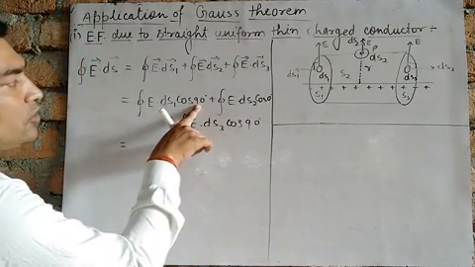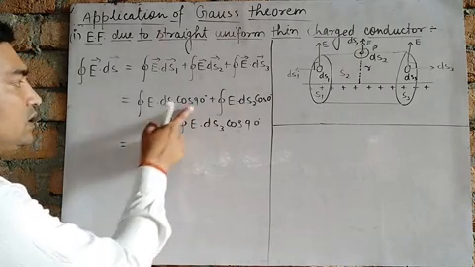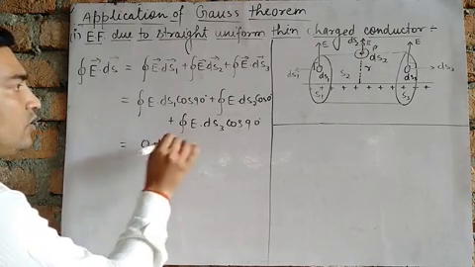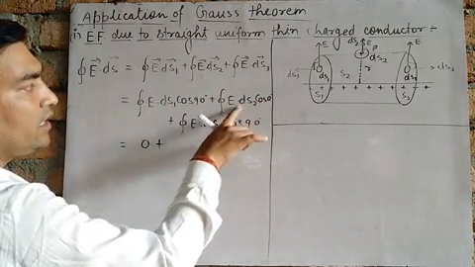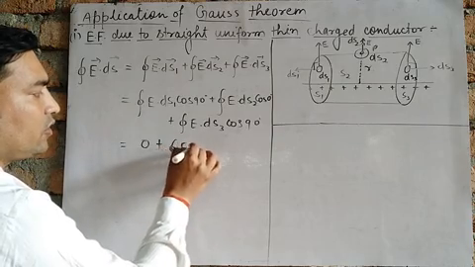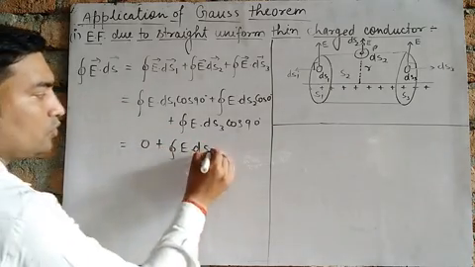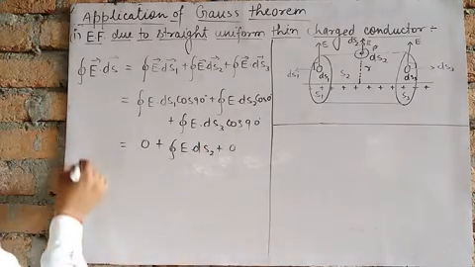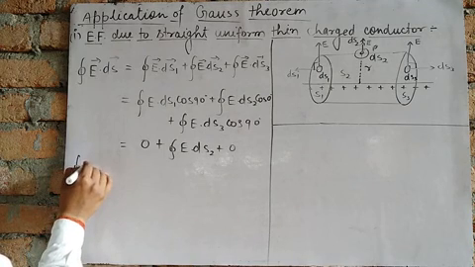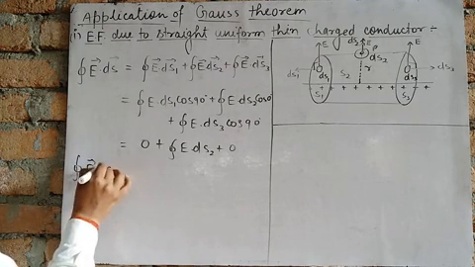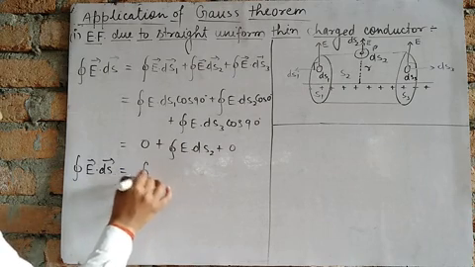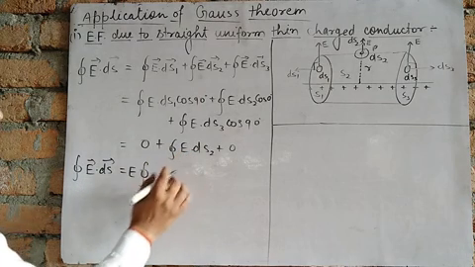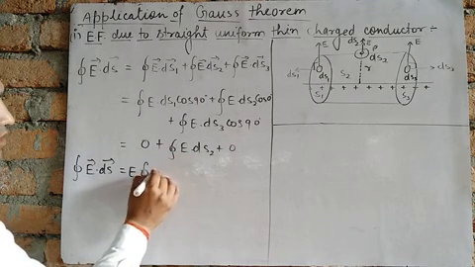Dear student, as you know, cos 90 equals 0. Then this first term becomes 0, cos 0 equals 1, so the middle term is E ds2, and the third term, with cos 90 equals 0, is also 0. We know that the integral of E dot ds equals E times the integral of ds2, since E is taken outside because it is not a function of ds.